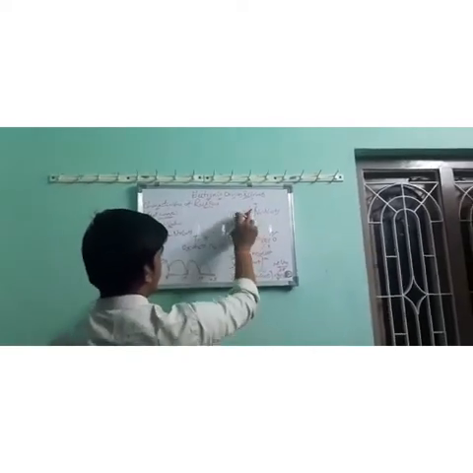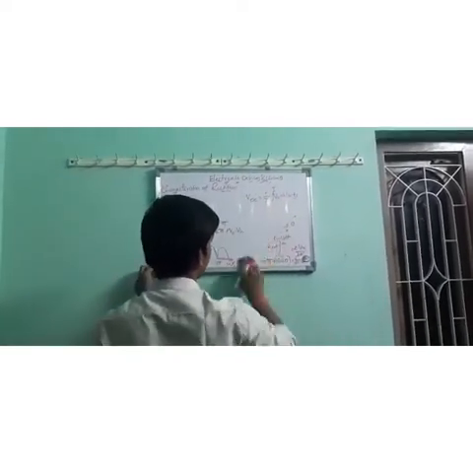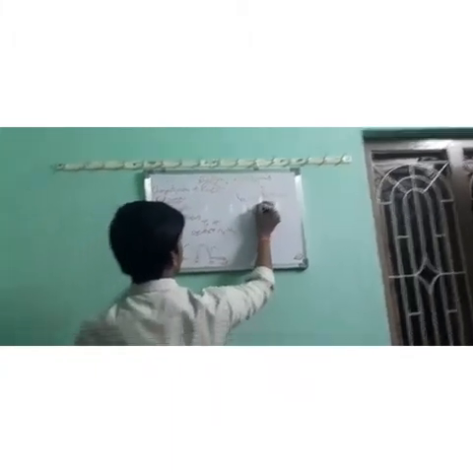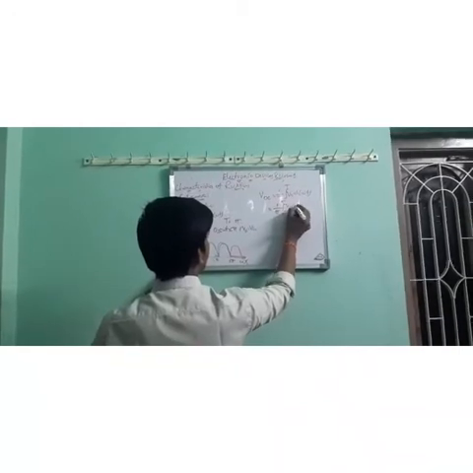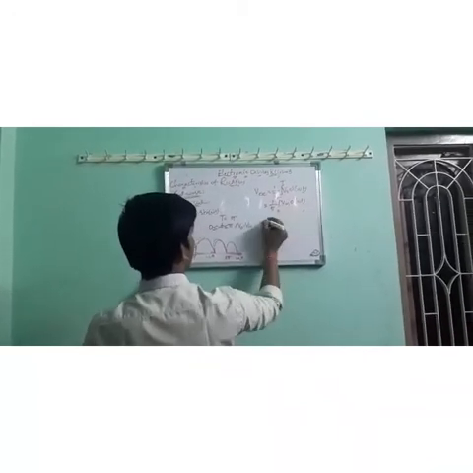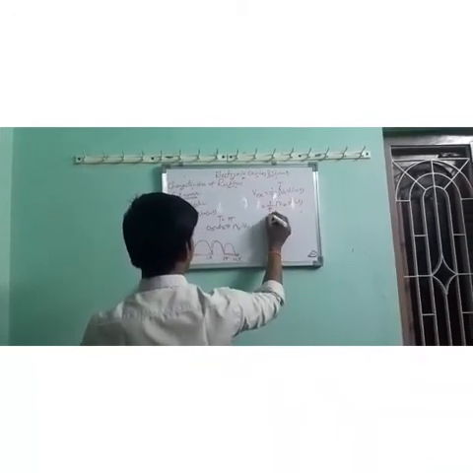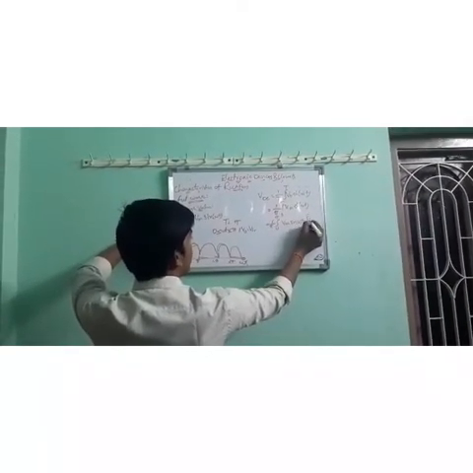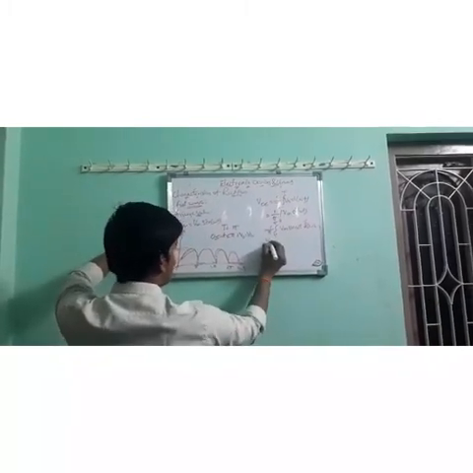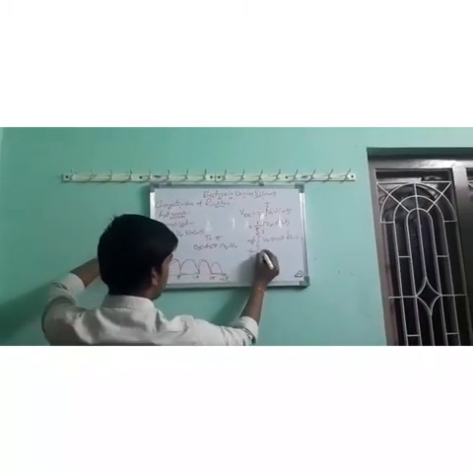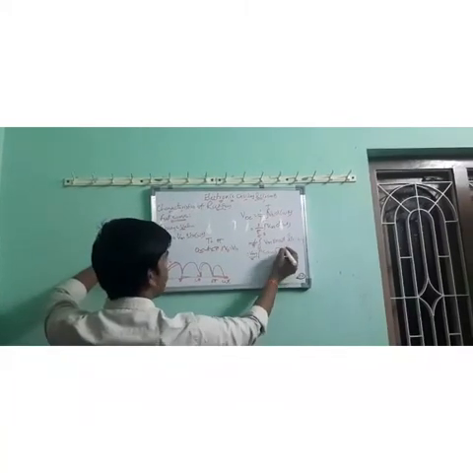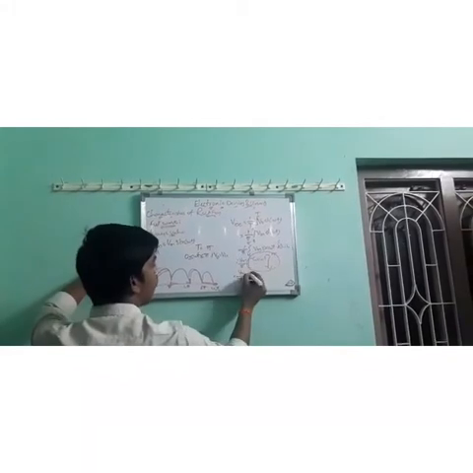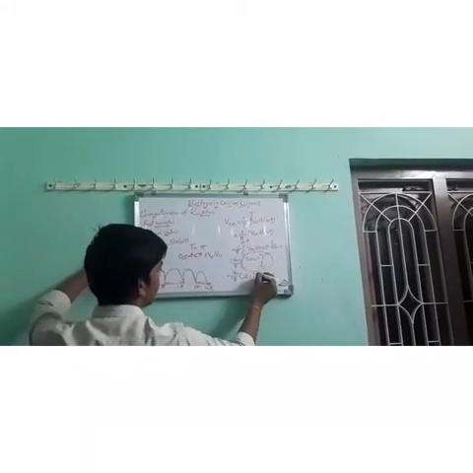Here VDC is equal to 1 by pi into integral 0 to pi Vin d omega t, which is 1 by pi into integral 0 to pi Vm sin omega t d omega t, Vm by pi into minus cos omega t from 0 to pi. By evaluating this we get VDC is equal to 2 Vm by pi.